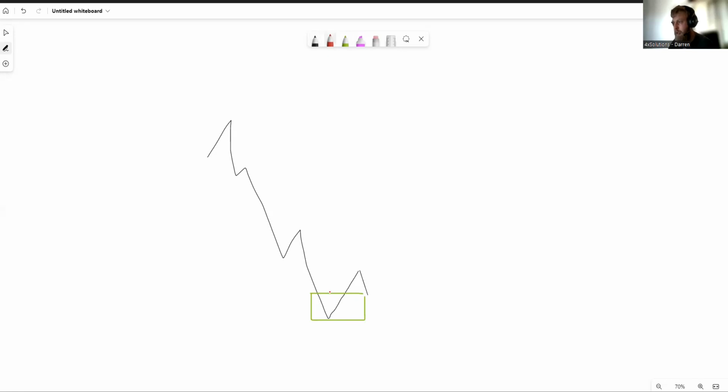We may choose to have a stop just below the 50% or below the low, that's up to us, or whatever our expectations are for stop loss. But in terms of targeting, you're going to do 3 deviations. This is deviation 1, and then you draw this box out again, so there'd be order block 2.